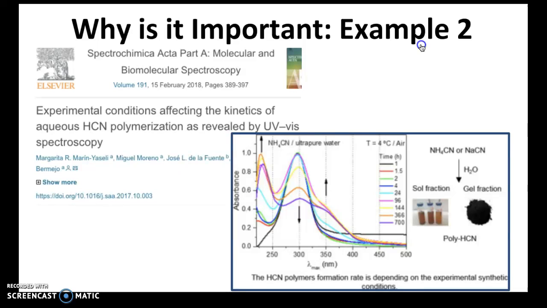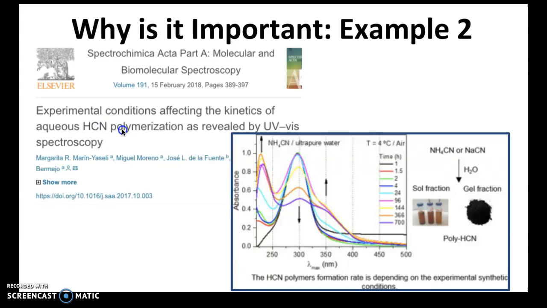Another reason it's important is that chemists will often study the kinetics of reactions to figure out the best conditions for a reaction to occur. So here you see this publication that came out in 2018, "Experimental conditions affecting the kinetics of aqueous HCN polymerization as revealed by UV-vis spectroscopy."